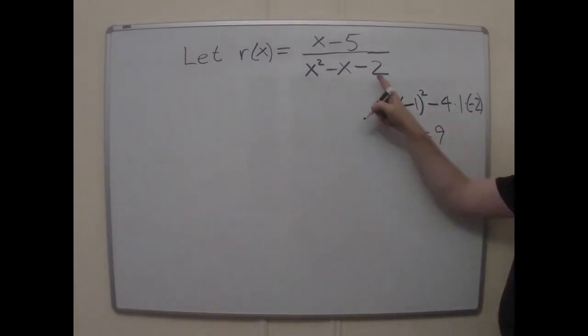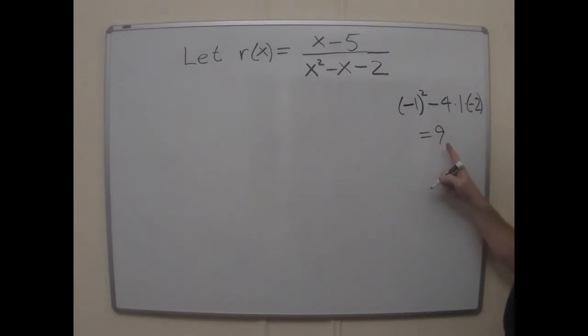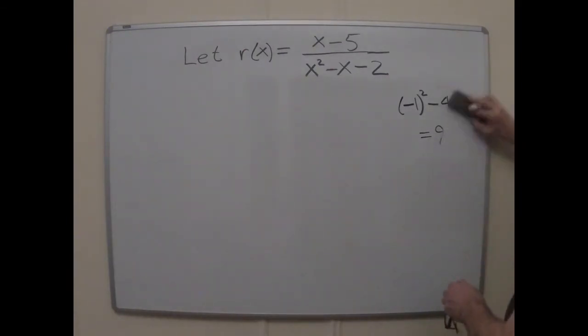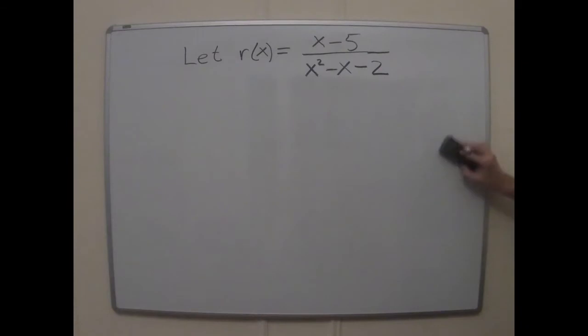So the discriminant of this guy is 9. In fact, that tells you that the distance between the vertex and the roots is 3, the square root of that. All right, so that was just for a check. We don't really need that computation, but I wanted to be sure.